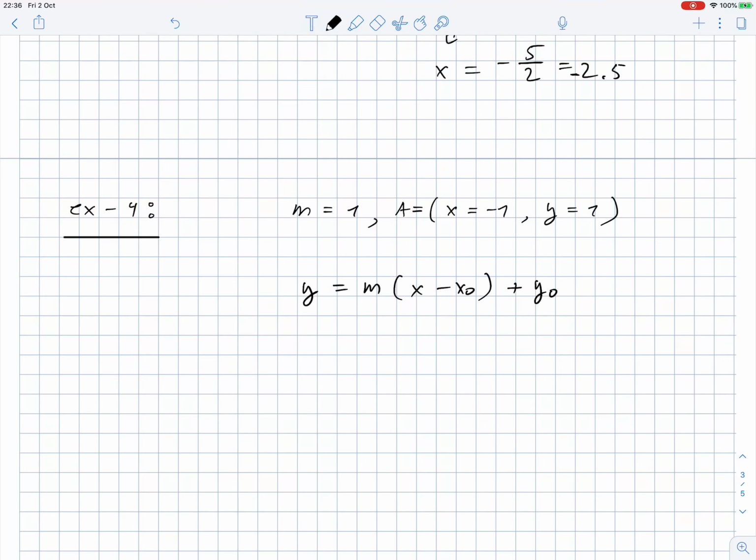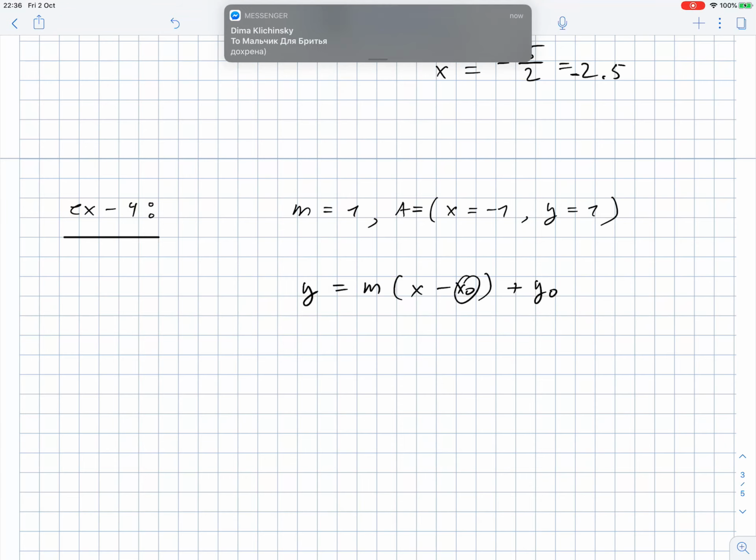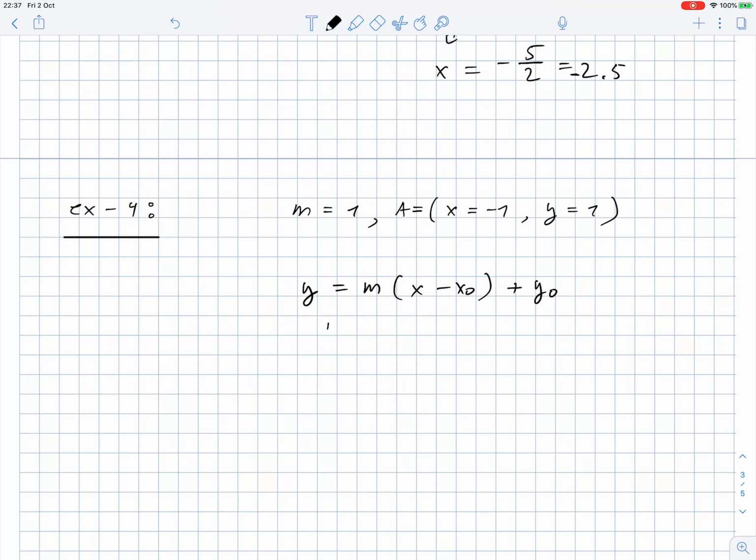In this case, again, we don't have much choice but to choose x0 and y0 as point A. y equals 1 times x minus 1 plus 1.